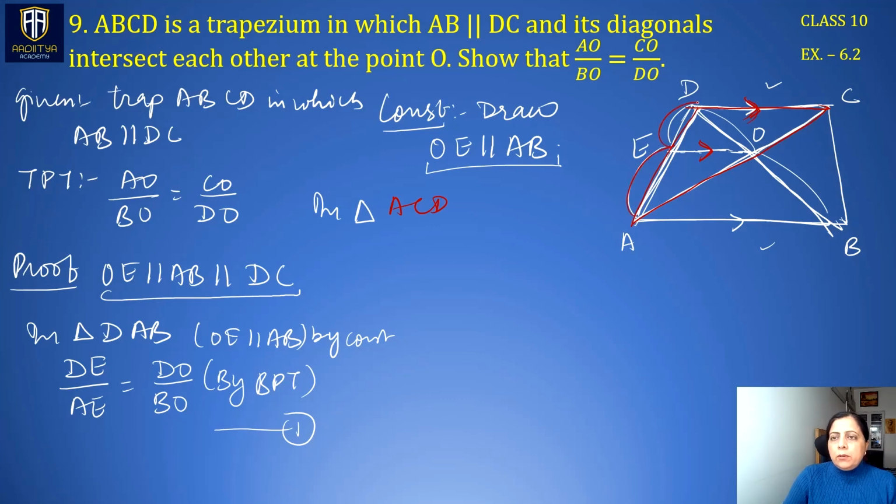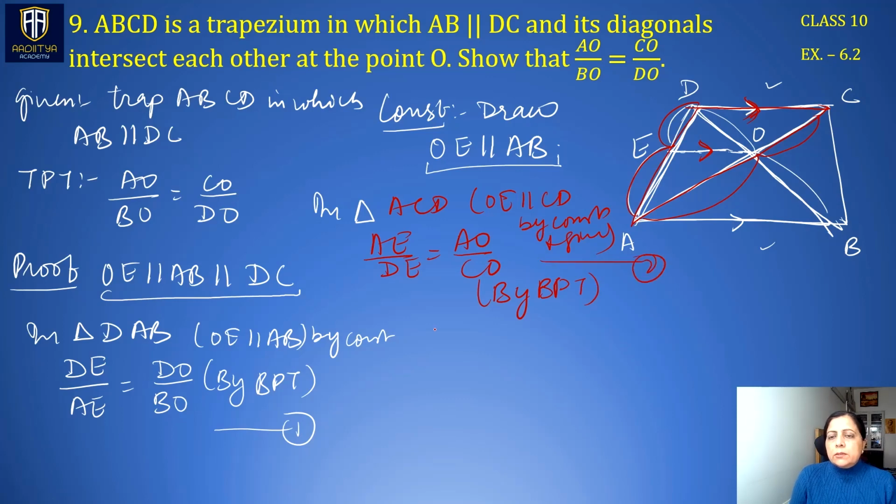So AE upon DE is AO upon CO, because here OE is parallel to CD by construction and given. So by BPT we have derived this result. Let this be the second equation.